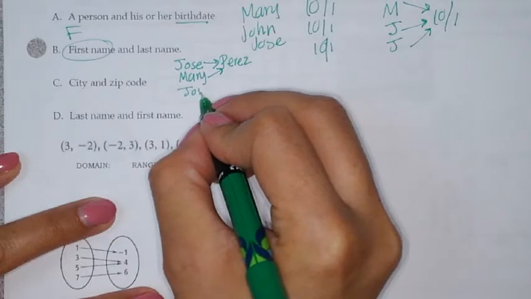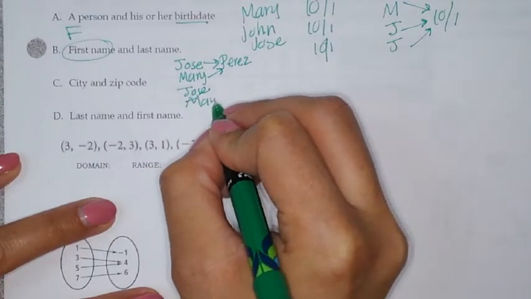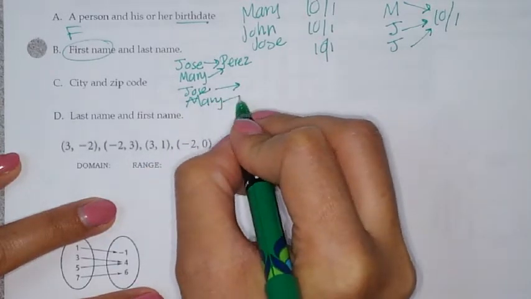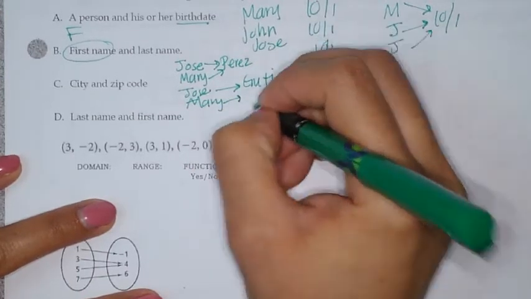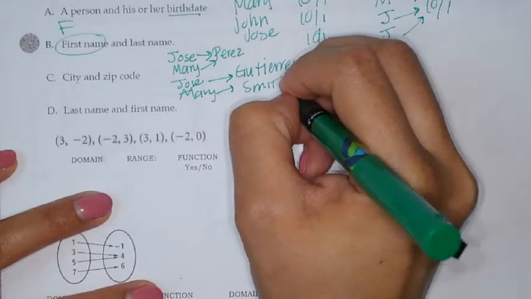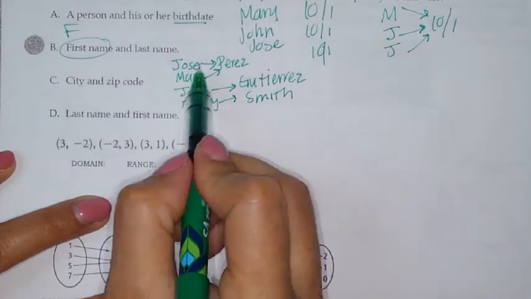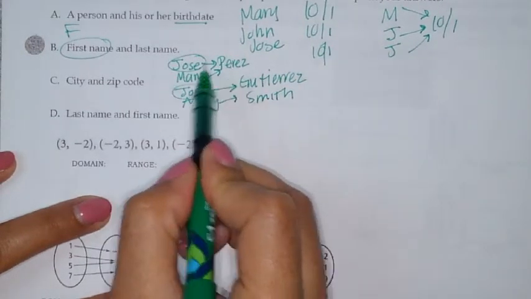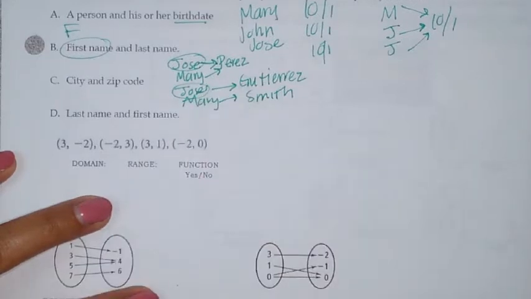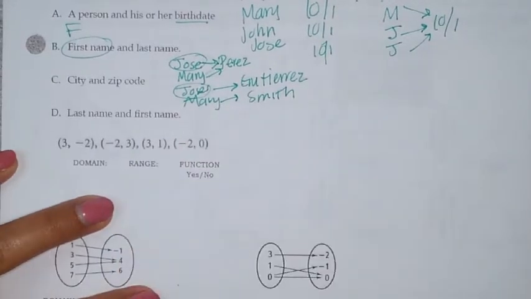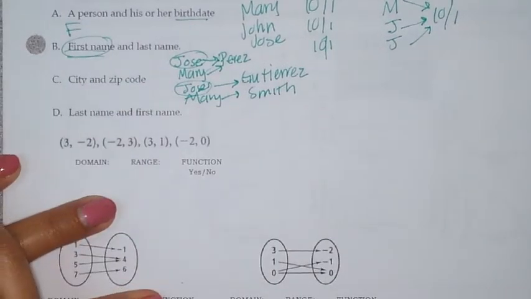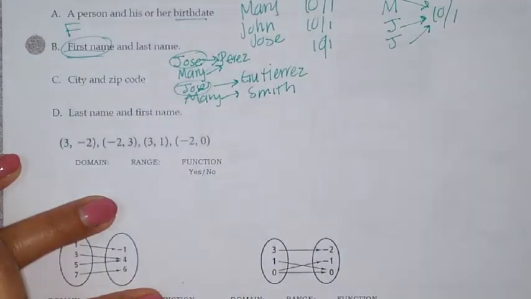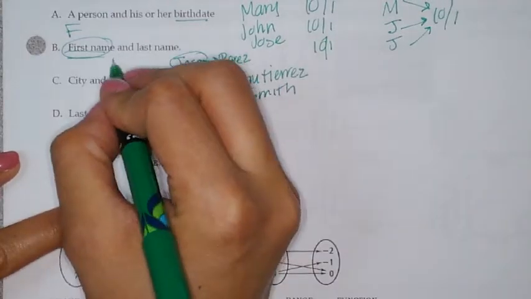There can be another Jose, there can be another Mary, and that Jose and that Mary have different last names, like Gutierrez or Smith. So now you have Jose and Jose. Jose goes to Perez and also to Gutierrez. Mary goes to Perez and also to Smith. First names can be repeated in the population and have different outputs because each person has a different last name or could have the same. So this would be not a function.